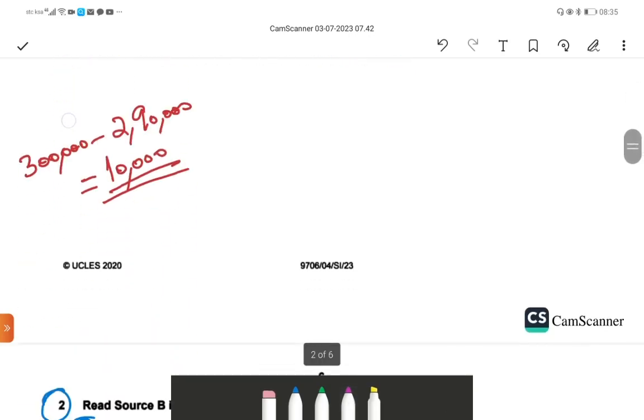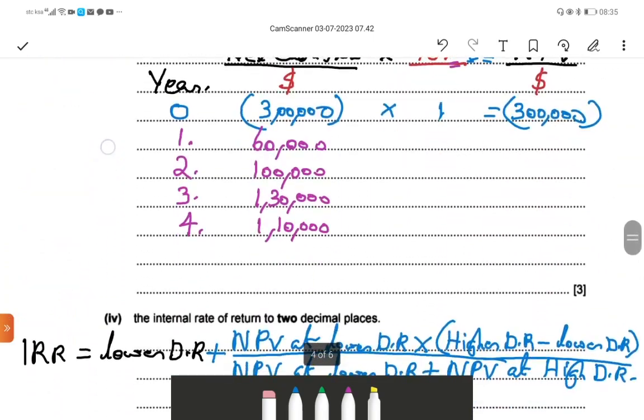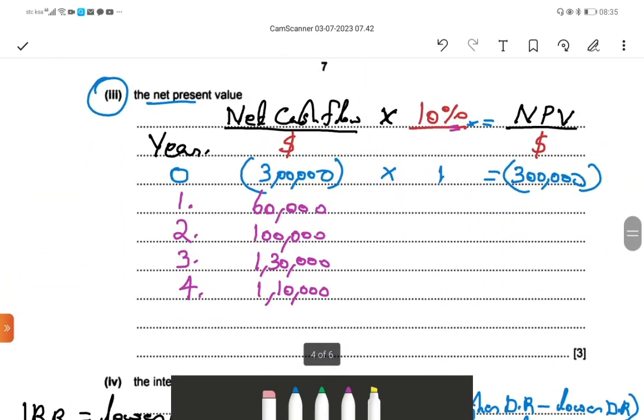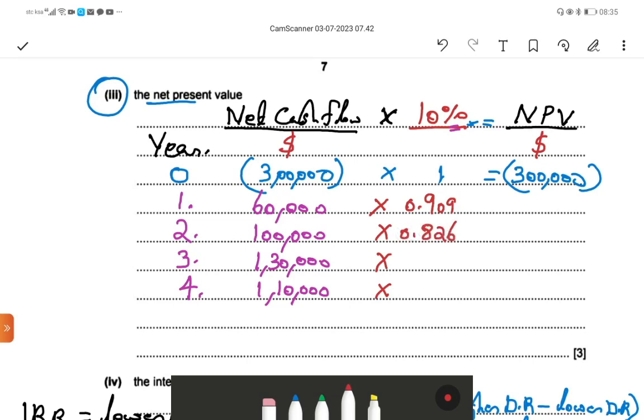So we multiply each one with the factor value: 0.909, 0.826, 0.751, and 0.683. Each year the value will decrease, right?